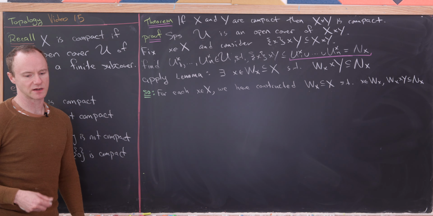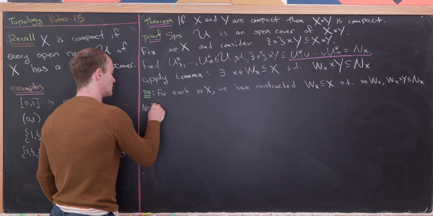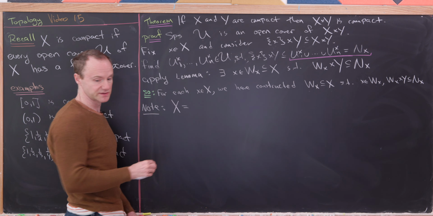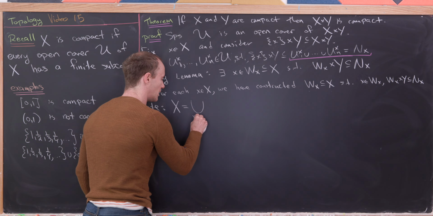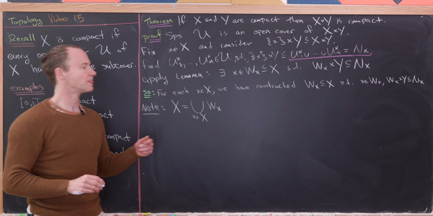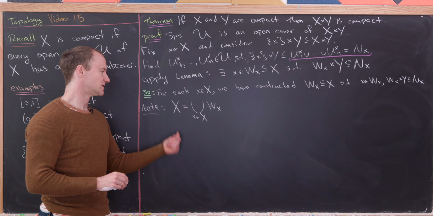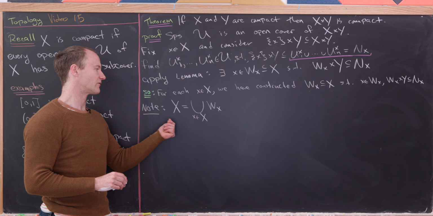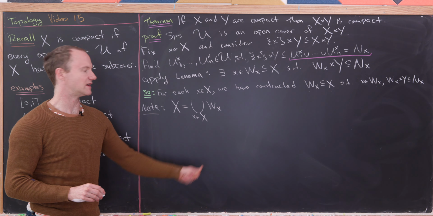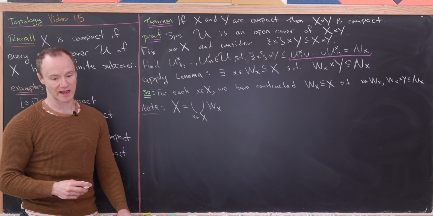A lot's going on here, but I think it's not too bad. Now let's note the following: X equals the union over all x in X of W sub x. I think that's pretty clear. This W sub x contains x, so definitely everything from capital X is contained in this. And the containment goes the other way as well, because these are all open sets of X.